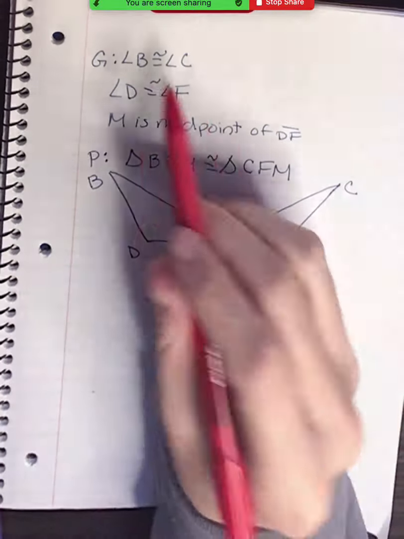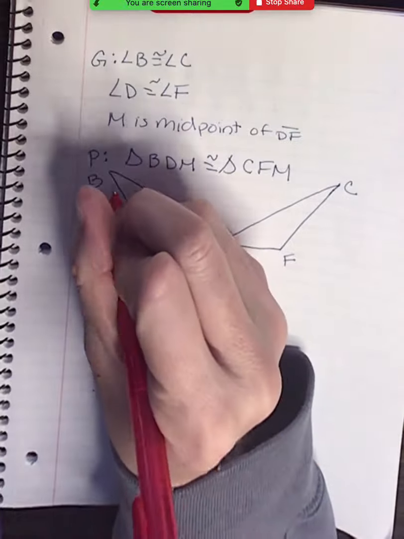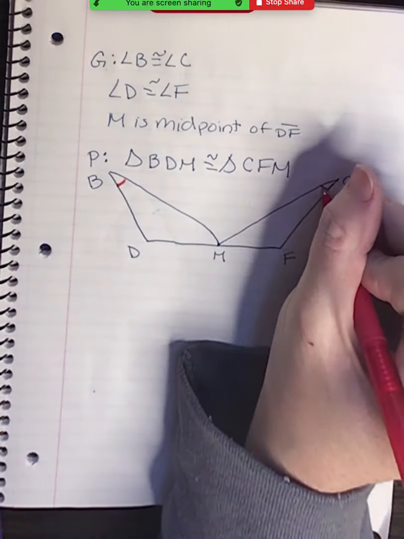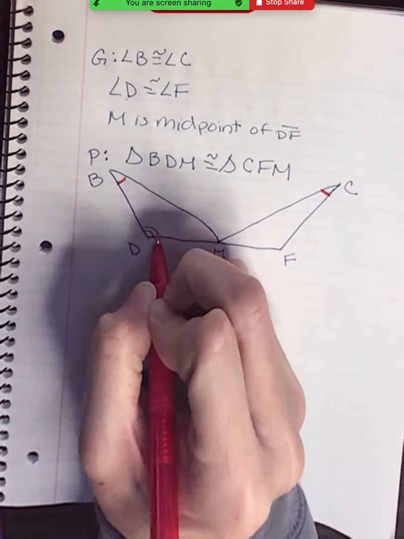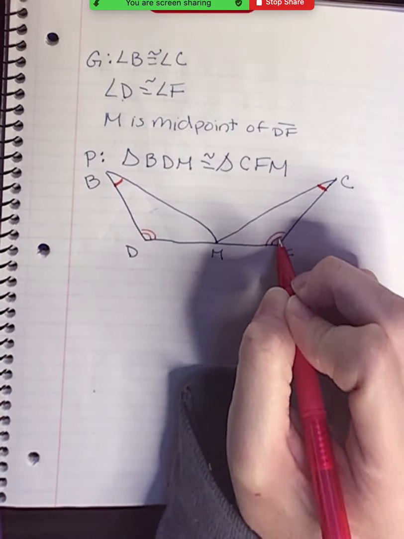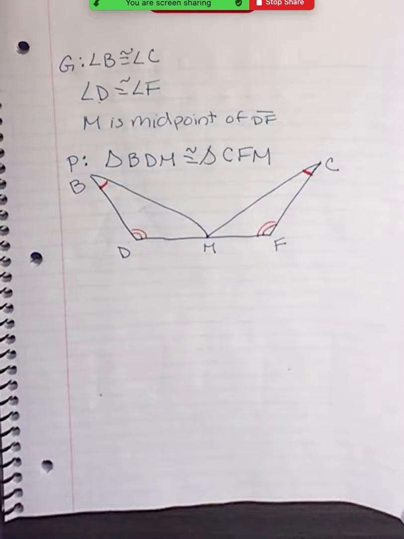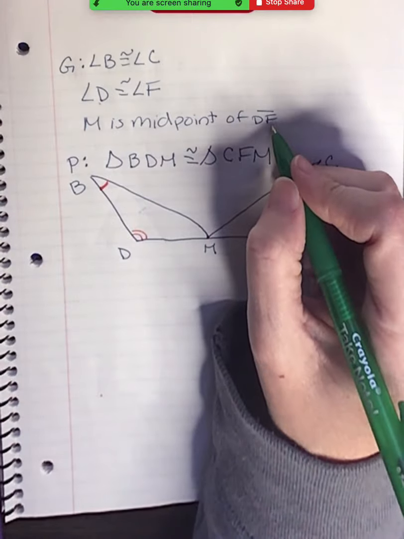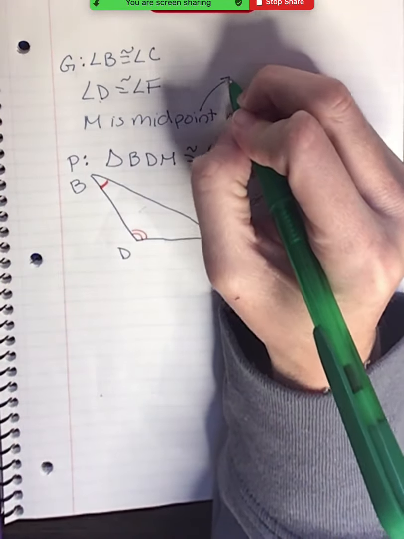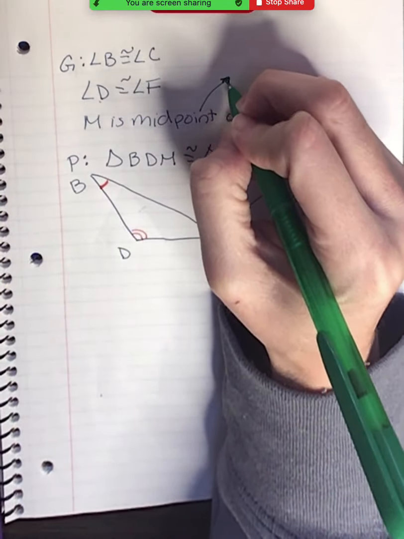Okay, with what we're given that B is congruent to C. So here is B and C. Angle D is congruent to F. Here's D, here's F. Okay? Based off of the next fact, right? M is the midpoint of DF. So midpoint, what does it do?